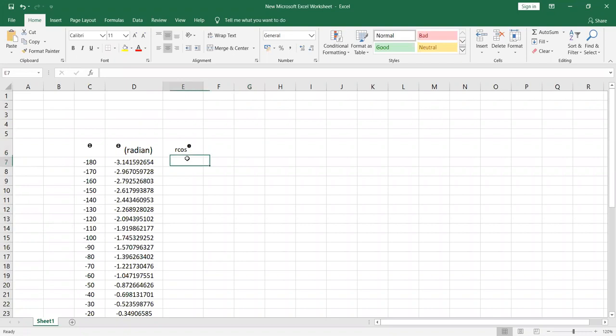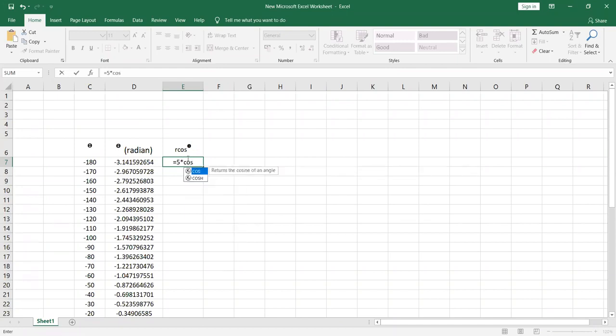Then in this column, below the r cos theta, take is equal to some function. Here r is the radius of the circle. For this practical, take the radius as 5 centimeter, or only 5. So r is 5 into, star, 5 into cos.